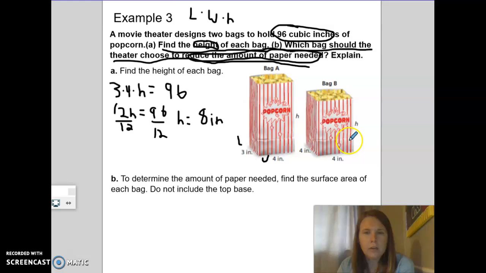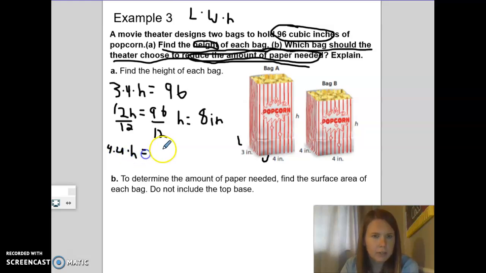Then we're going to look at the next one. I have to figure out the height of this one. Again, I'm going to set it up as 4 times 4 times h equals 96. Well, 4 times 4 is 16, so I'd have 16h equals 96.